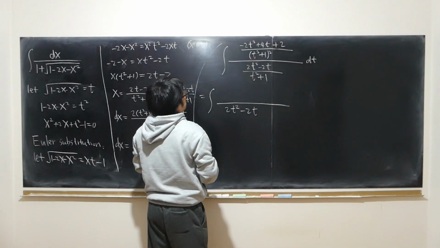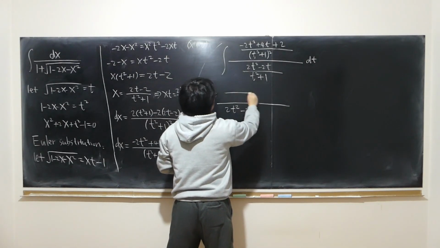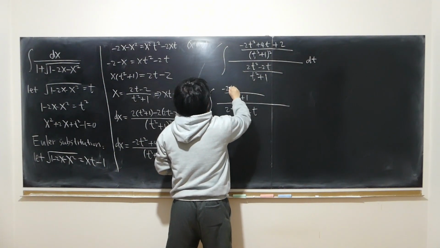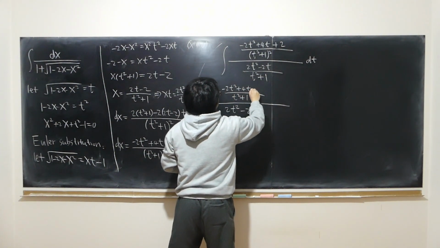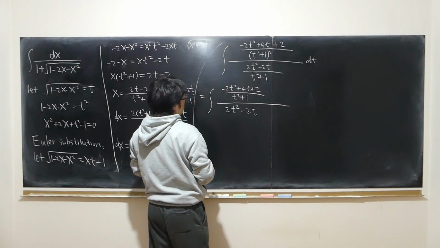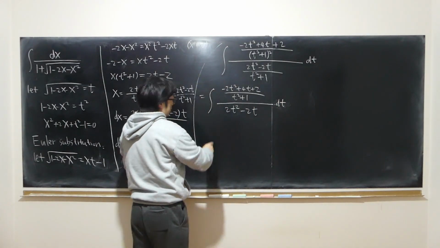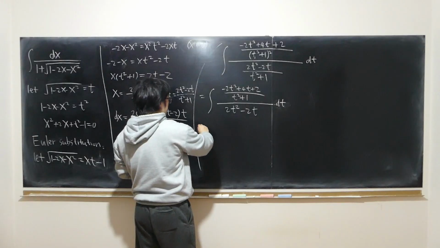Here, t squared plus 1, times negative 2t squared plus 4t plus 2. All right, this is what I have. So maybe I can now cancel out the 2's at the same time.